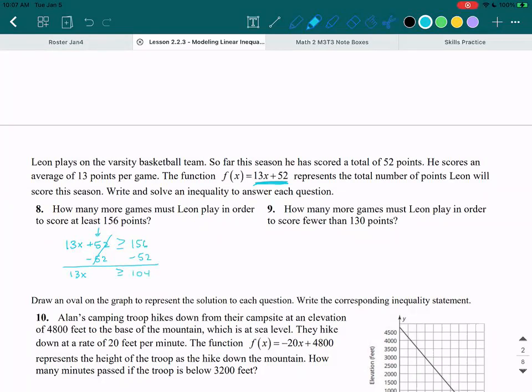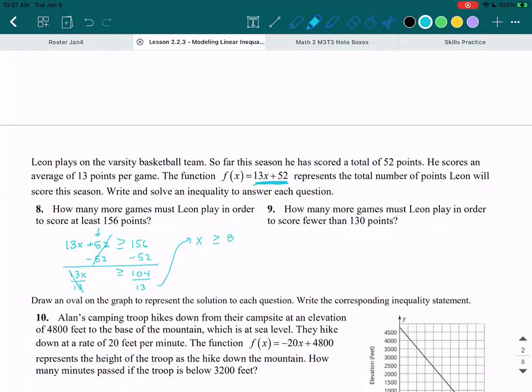Then the next step is, since x is being multiplied by 13, you do the opposite. What is the opposite of multiplying by 13? It's dividing by 13. So you're going to divide both sides by 13. So 13 cancels out with 13. You get x is greater than or equal to 104 divided by 13, which is going to give us 8.